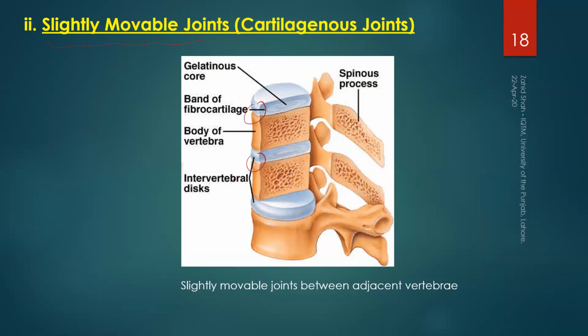There is some movement possible. It's not shown exactly clearly here, but the joint formed between two adjacent vertebrae also has cartilage at the end. So that joint is also slightly movable, an example of a slightly movable cartilaginous joint.